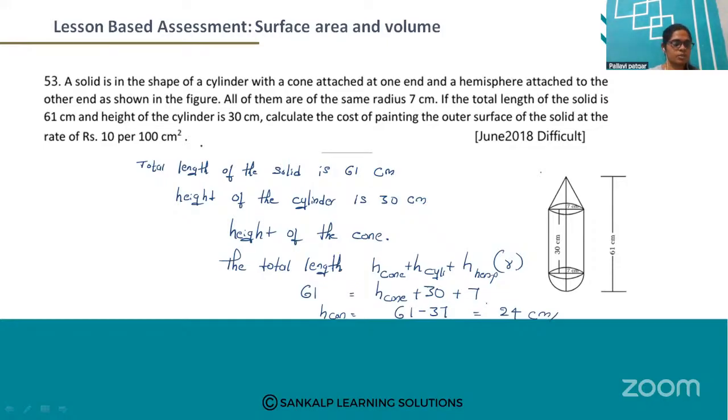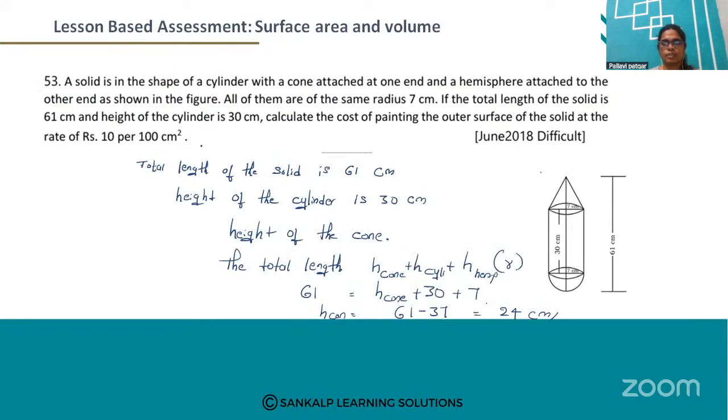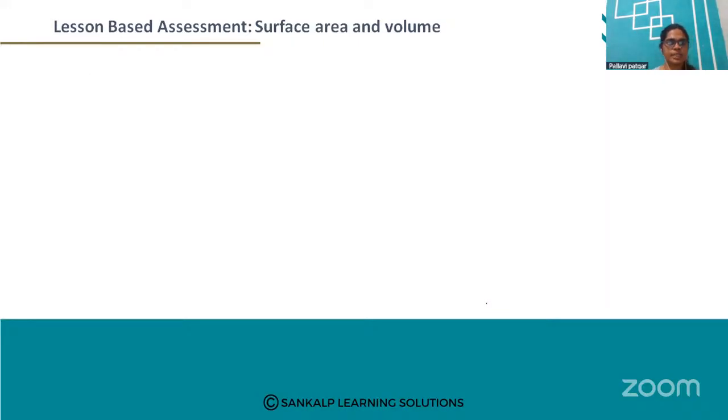So here we know the height of the cone is 24 centimeter. Also we know the radius is 7 centimeter. So by using the Pythagorean theorem, we find the slant height of the cone. L is equal to square root of height of the cone square plus radius of the cone square.